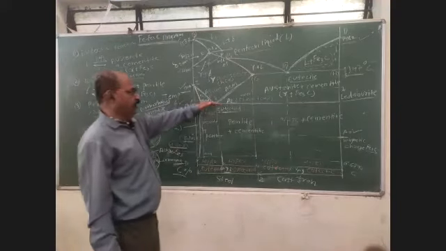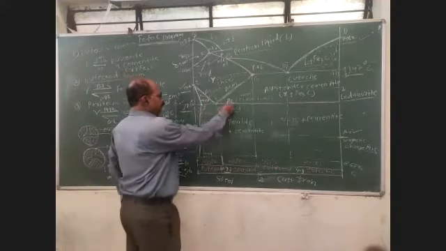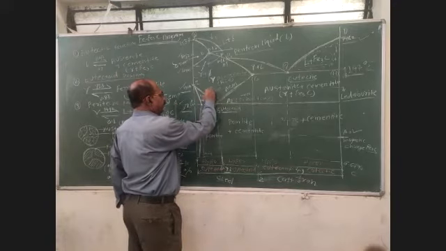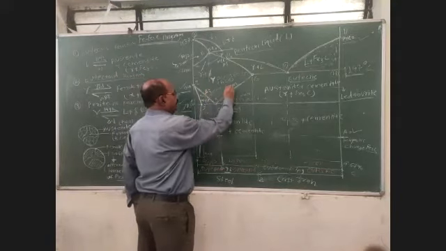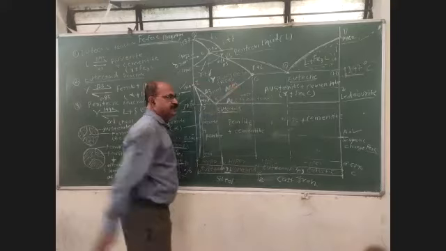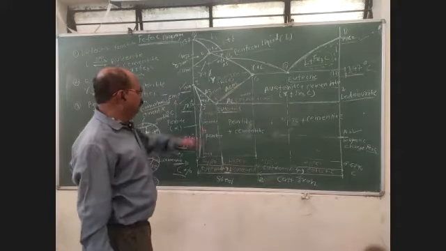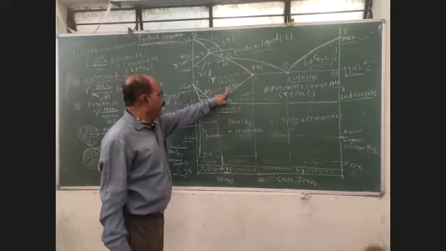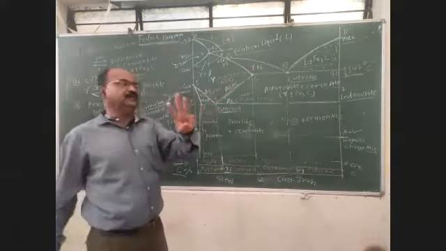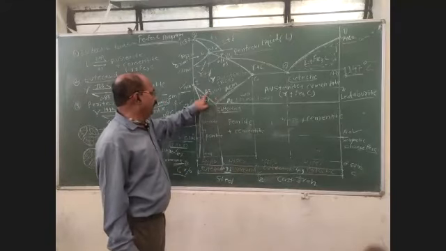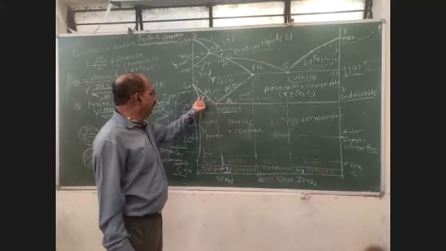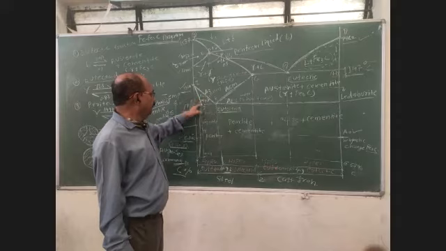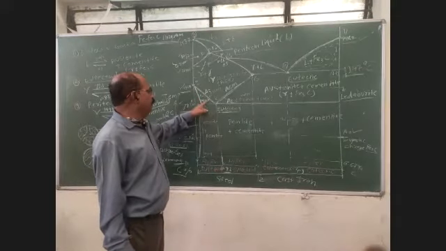Below this critical line. Here is the A1 line, here is the A3 line, and here is the ACM line. ACM means cementite line. So line numbers A1, A3, and ACM, these three lines are very important. A2 is also here, but it is within the alpha plus delta.